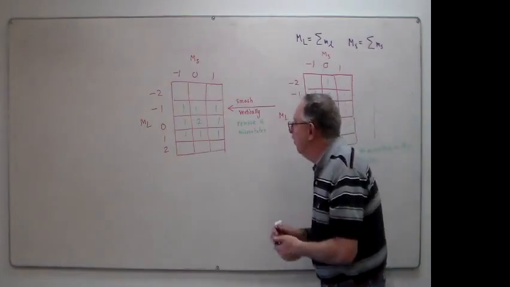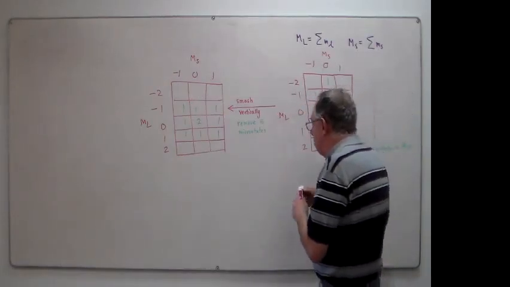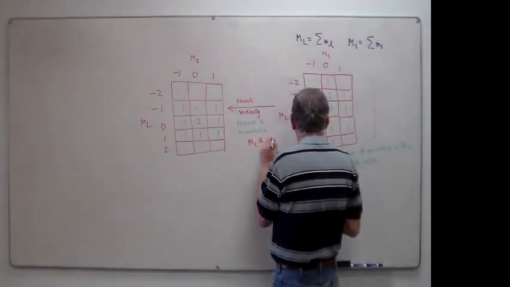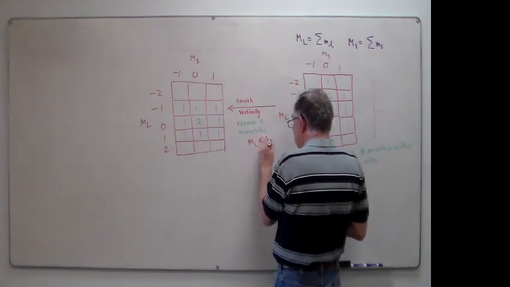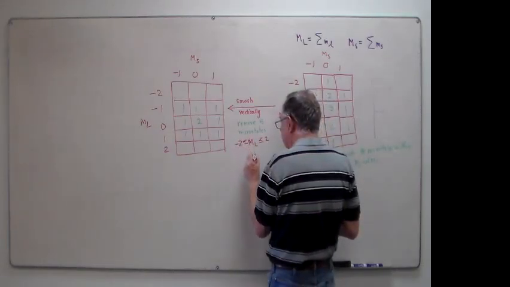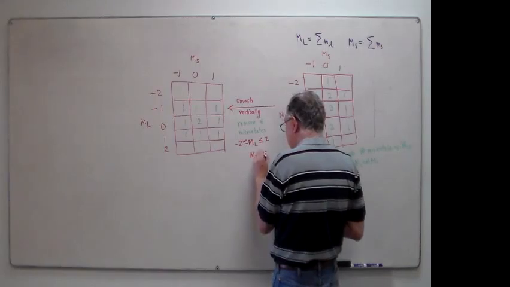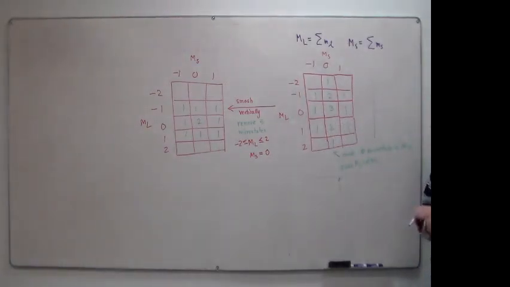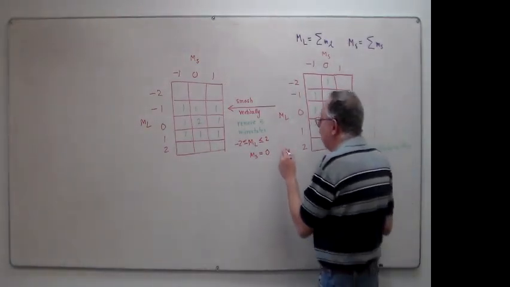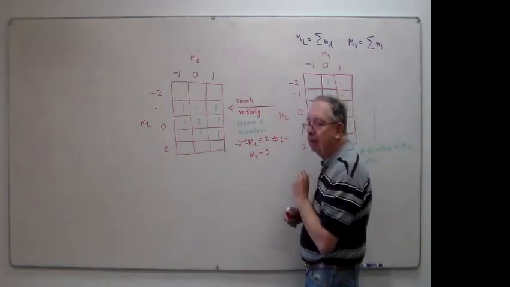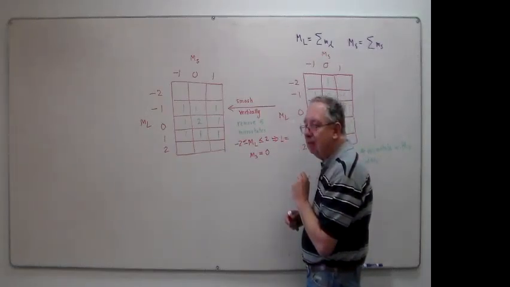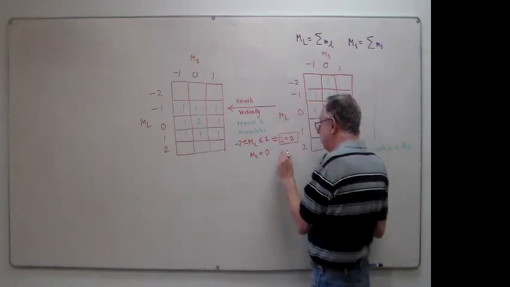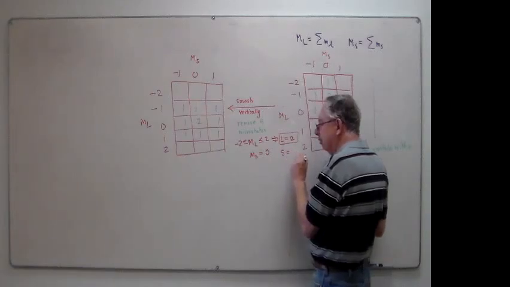Now, the microstates have m sub L that goes between 2 and minus 2, and they have m sub s equals 0. If m sub s equals 0, what does S equal?